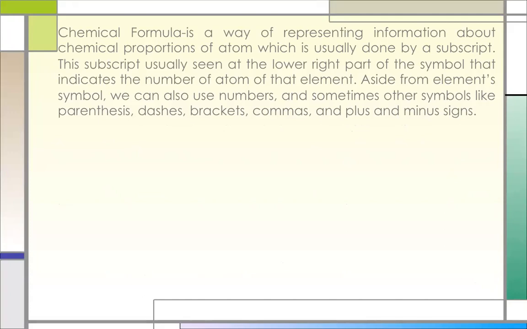It is very important to use a chemical formula to represent information of chemical proportions of atoms. Why? Because if you are not going to use a chemical formula, it becomes complicated to identify the number of atoms in a given compound.